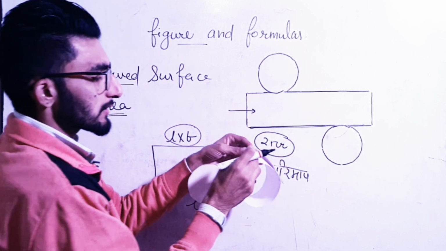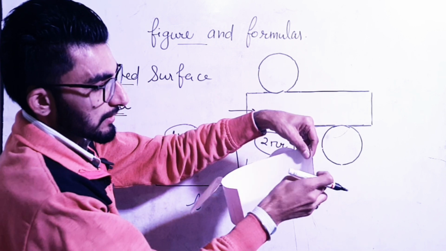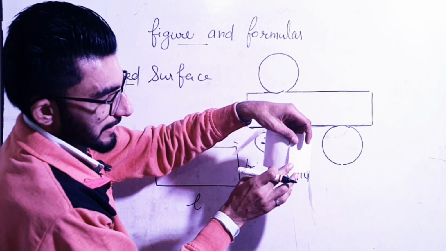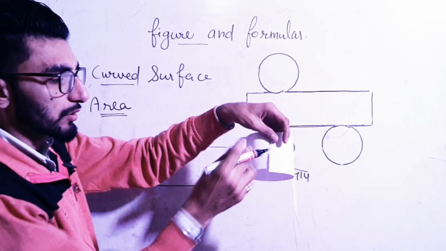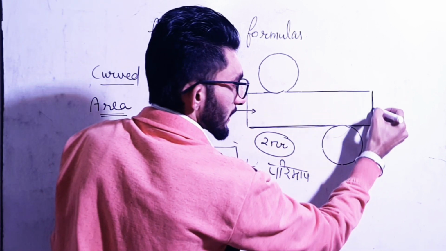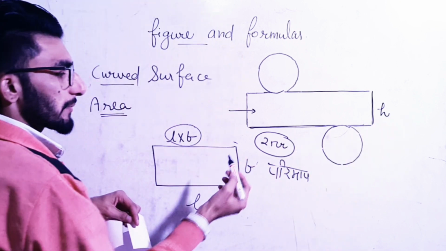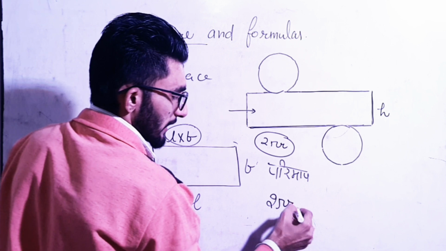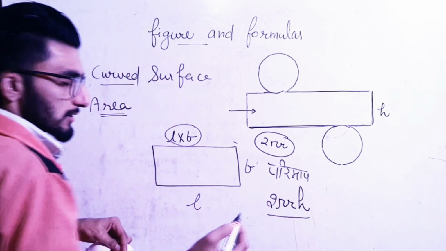ओके. एंड द ब्रेथ ऑफ दिस रेक्टेंगुलर पीस इज चेंजिंग इनटू हाइट. ठीक है. सो क्योंकि अभी एक सिलेंडर है, इसलिए इसकी जो ब्रेथ है इट इज चेंजिंग इनटू हाइट. सो हियर वी आर राइटिंग h. सो फॉर्मूला विल बी 2 पाई r मल्टीप्लाई h. So 2 pi r into h is 2 pi rh. Clear?